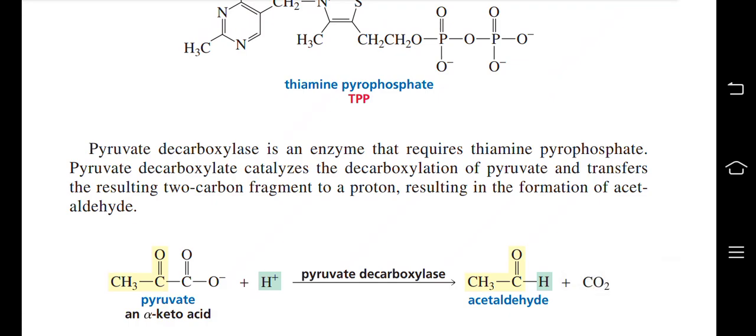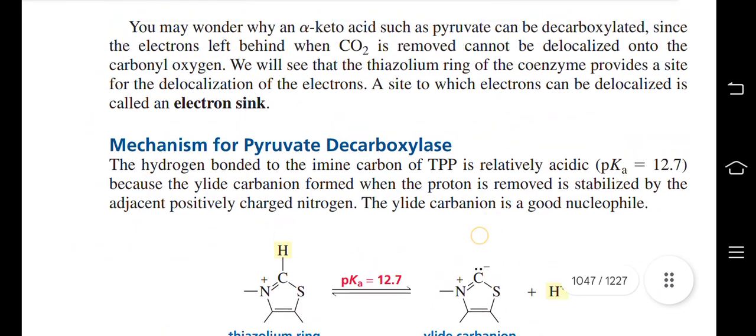Pyruvate decarboxylase, an enzyme that requires thiamine pyrophosphate. Pyruvate decarboxylase catalyzes the decarboxylation of pyruvate and transfers the resulting two carbon fragment to a proton, resulting in the formation of acetaldehyde.